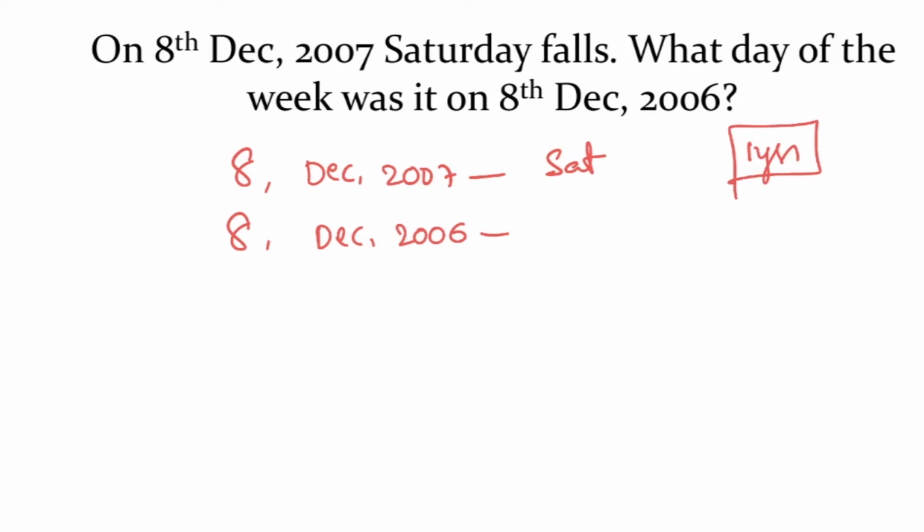If there is 1 year in between, there must be either one odd day or two odd days. How many odd days lie in between 2006 and 2007? None of them are leap years. That's why only one odd day lies in between. If we are finding the next year, we add. If we are finding the previous year, we subtract. There is one odd day in between. Subtract 1. Friday is the answer.